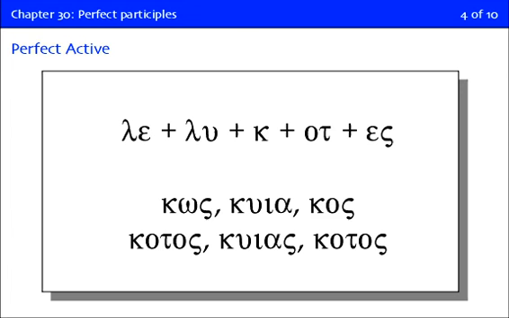The six forms you're going to learn are kos, quia, kas, katas, quias, katas. What happened there? Well, start with the genitive. Katas, for the masculine neuter, that's straightforward, right? But you can see what happens in the feminine. The ot goes to huia.